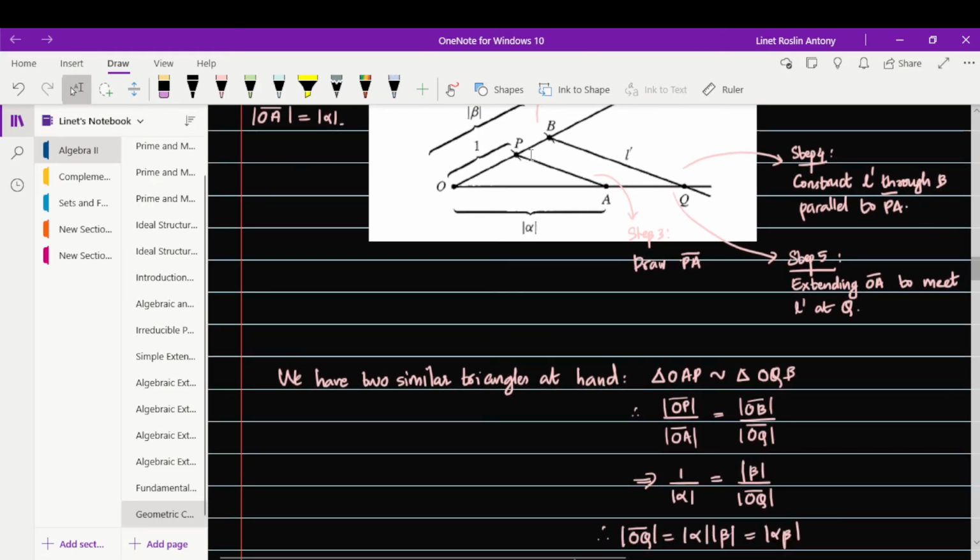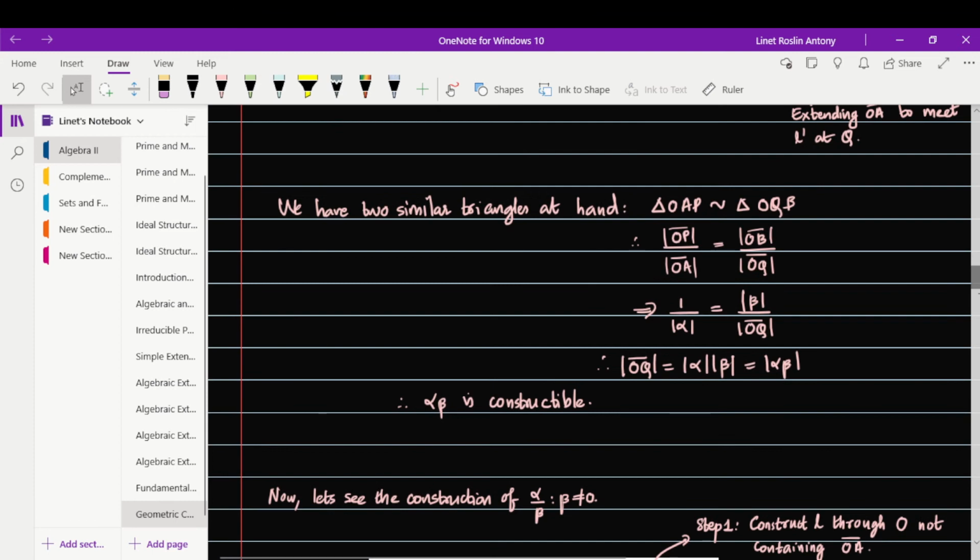In this construction, we obtain two similar triangles, OAP and OQB. You can see that this is one of the triangles and this is the other similar triangle. Using the property of similar triangles, we can write that the length of OP by OA is equal to the length of OB by OQ.